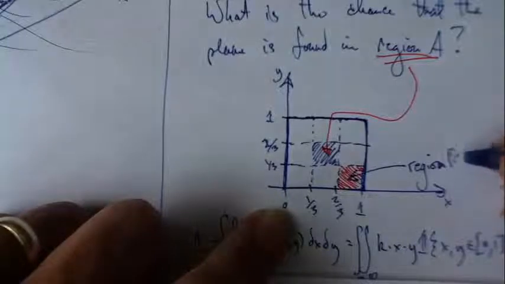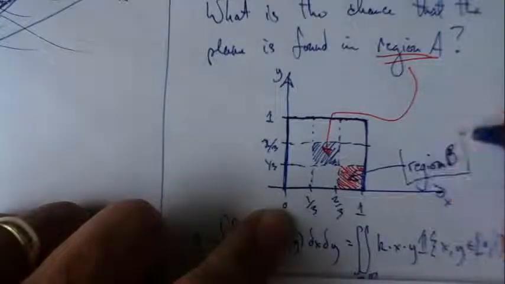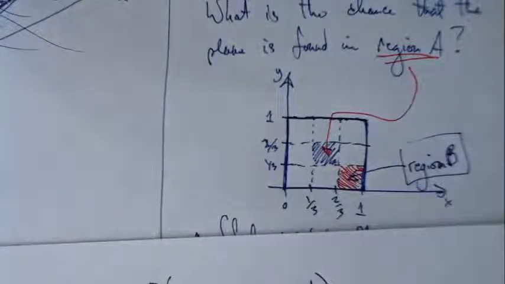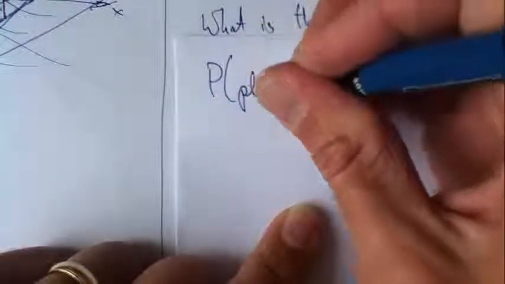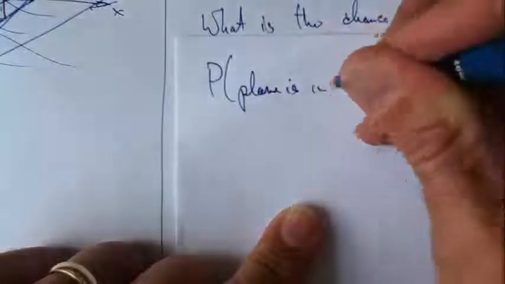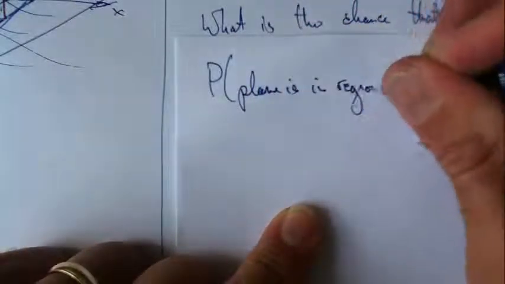Region B. Here, I'll even set it up for you. Probability now that the plane went down in region B, shouldn't this just be the integral? Let's see. We'll do the y integral last, right?